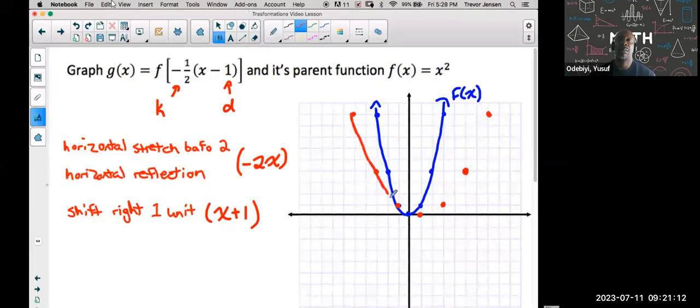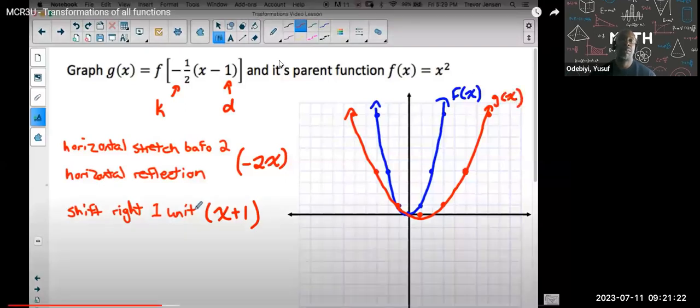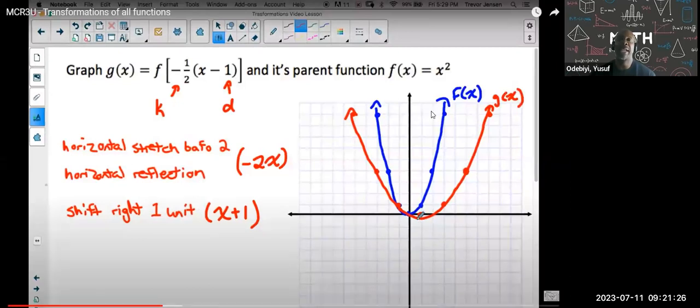Connect those points with a smooth curve. And you'll notice what we have here is our graph in red of the function g of x, the transformed version of f of x. Right, you can see how it moved over by 1, and you can see how it's pulled apart, stretched, okay, on the Y and the X axis.